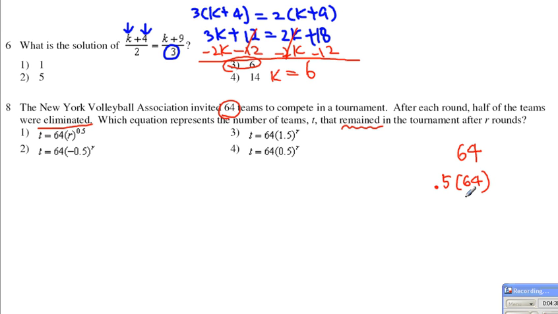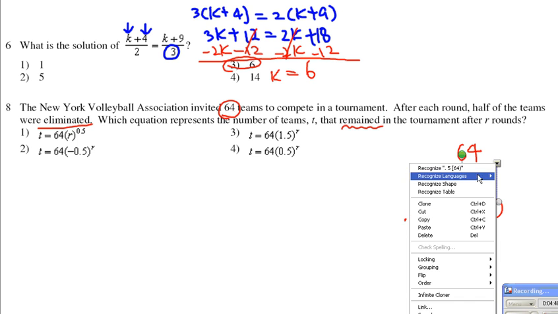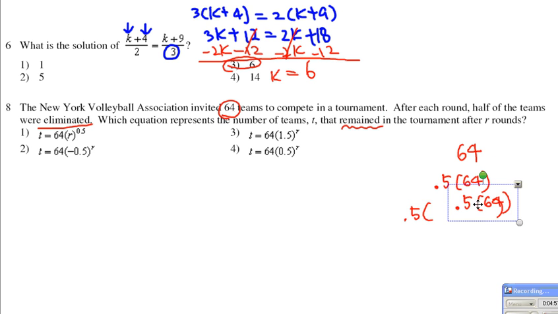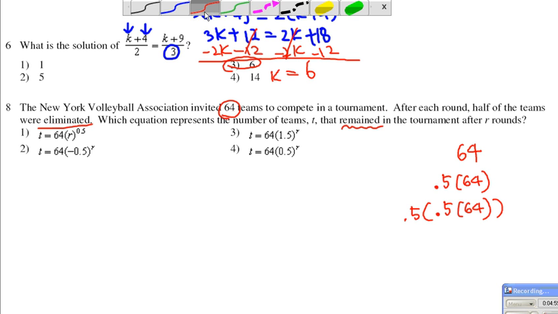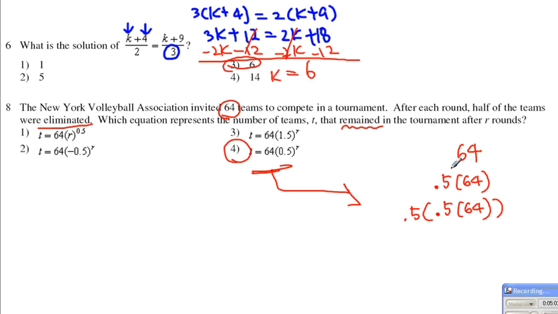After another round we're going to have half of this, meaning 0.5 of this value right here. And then, of course, we will continue on. So our answer will be choice number 4. It models the pattern that we've been seeing so far.